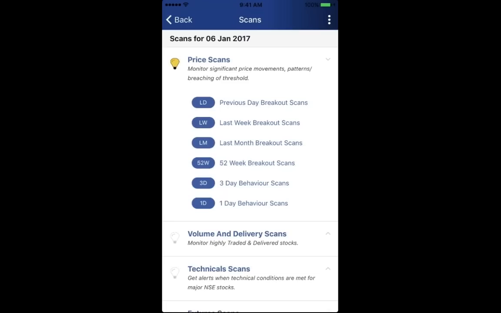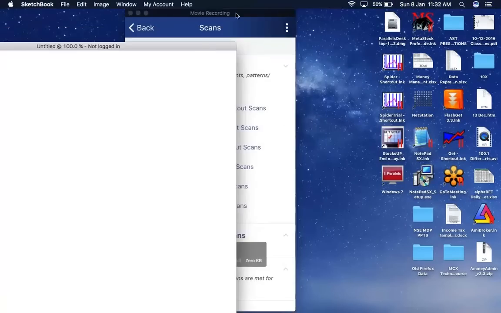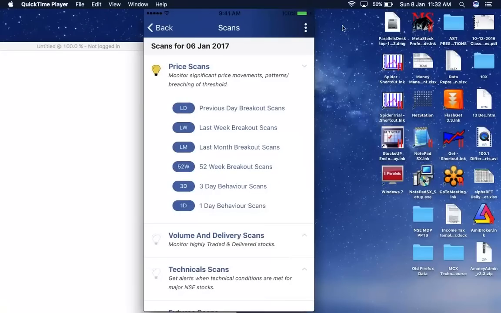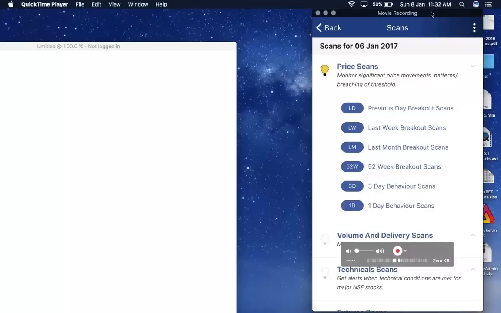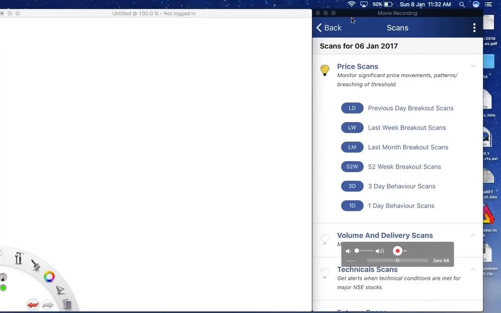Perfect. So it works well. Okay, the objective of getting the whiteboard was to show you what a breakout means. If you're new to technicals, I can see many names who are my erstwhile students, so for them it will be a piece of cake. But for those who have very little understanding of technicals, let me explain the concept of a breakout.